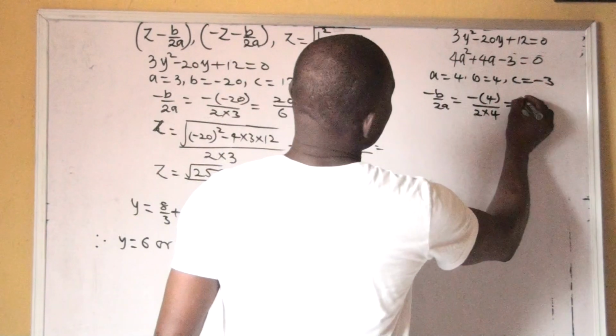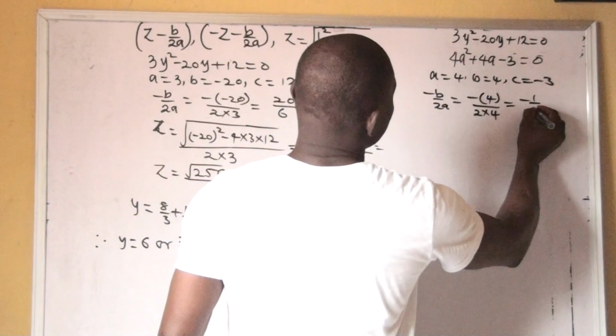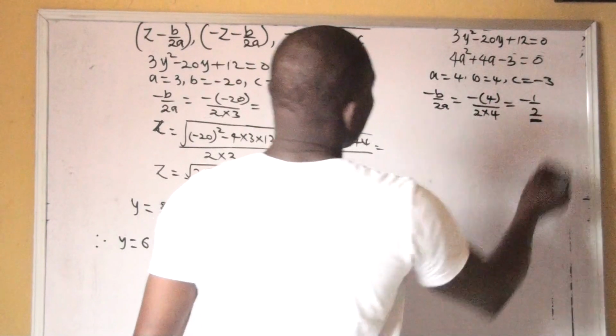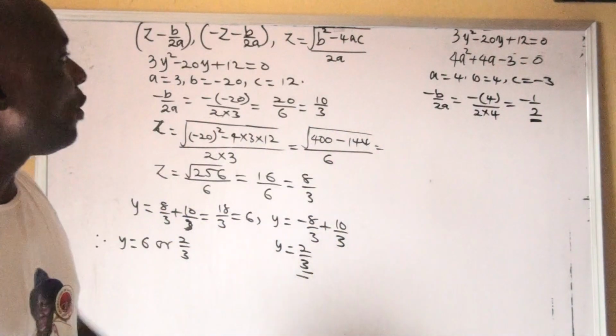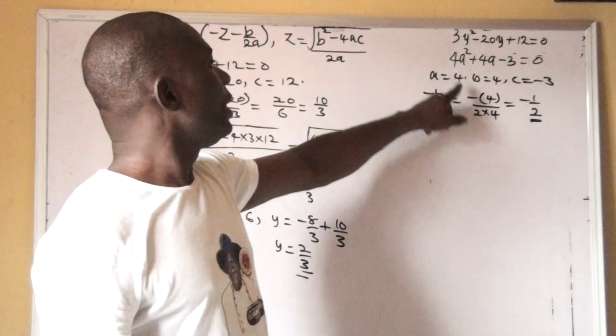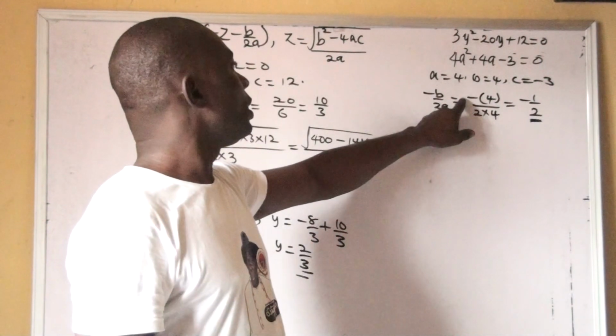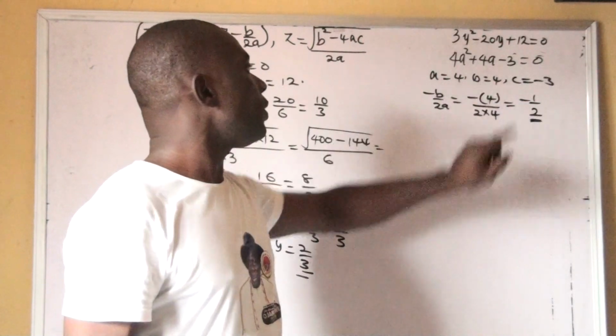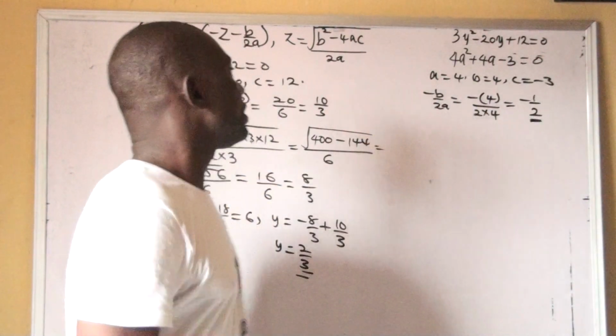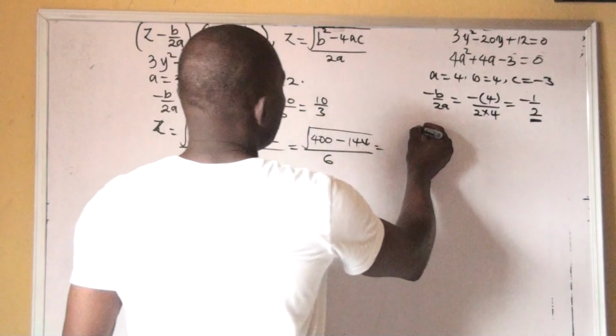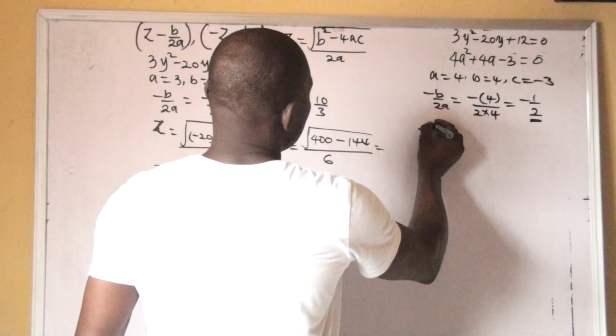That gives us minus a half. That is the value of minus b over 2a. Then let's look at z.